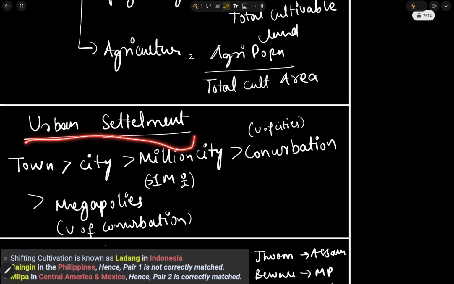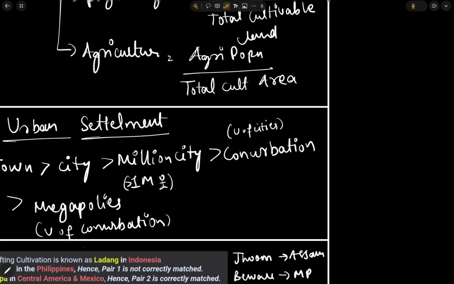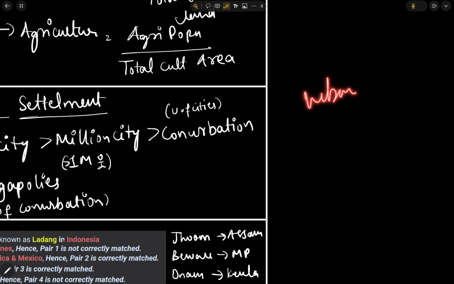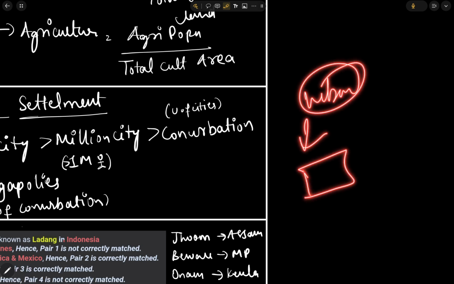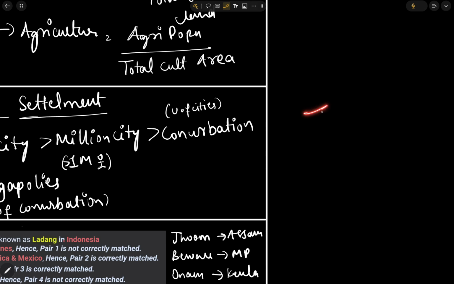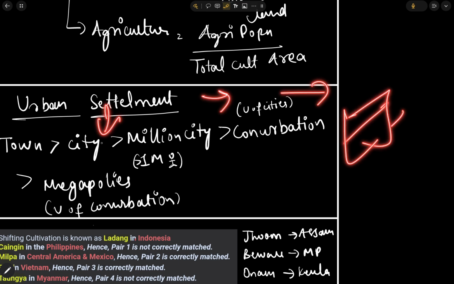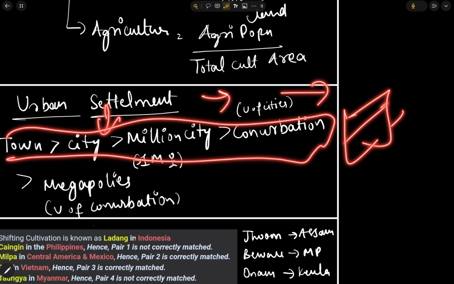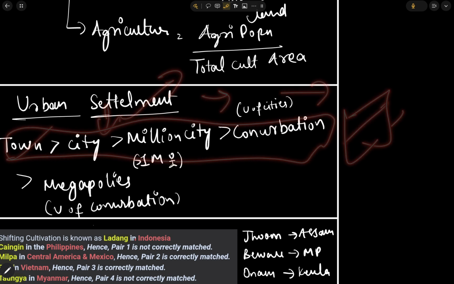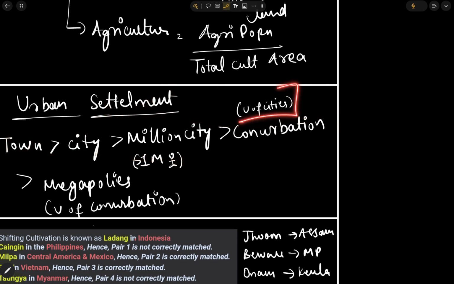Next we have urban settlement. Basically urban settlement is nothing but urban development or urban livelihood. Here we have names based on the population. These are the types of urban settlement, derived based on the population.